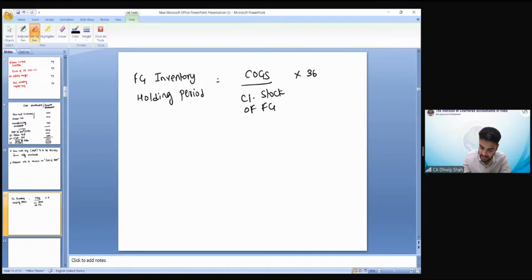If it is in days, then 365. But if it is in months, then 12. And if it is in weeks, then 52. Correct?